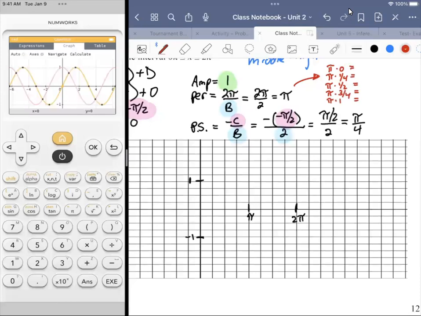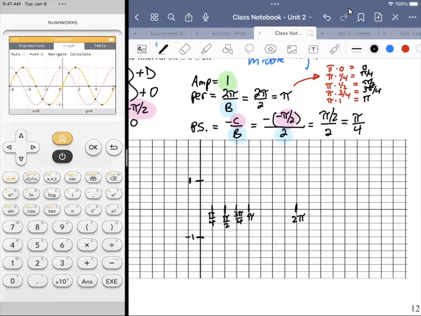But if you just need the location, there are 4 boxes to equal pi. Half of 4 is 2. That's where pi over 2 would be. That's this one. Half of pi over 2 is pi over 4. That would be this one. And between a half and a whole is 3/4, so 3 pi over 4. That would be this one.